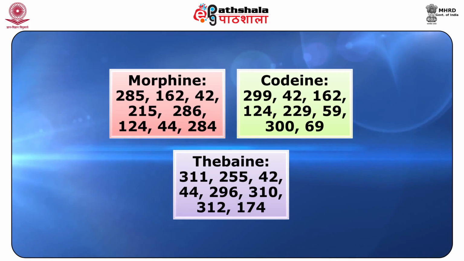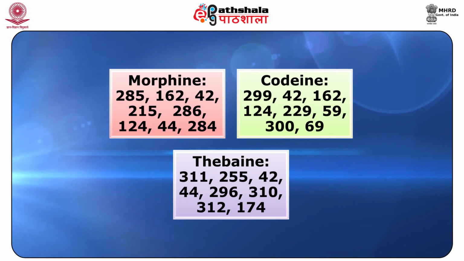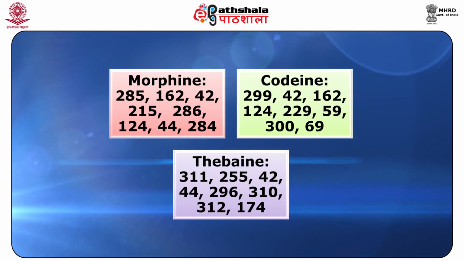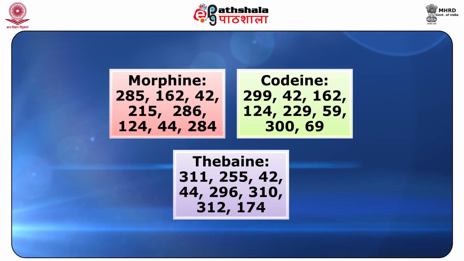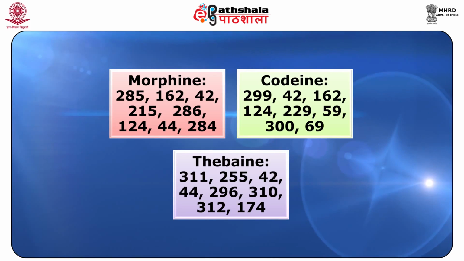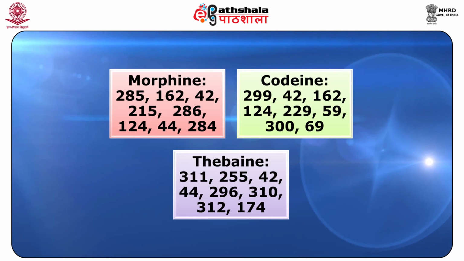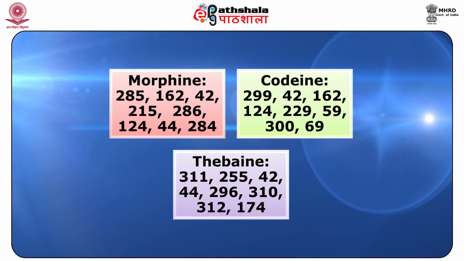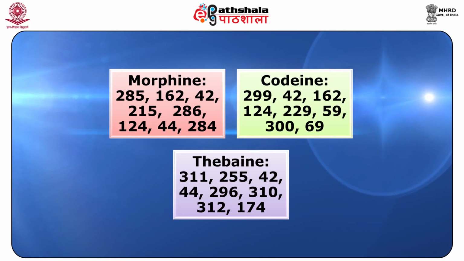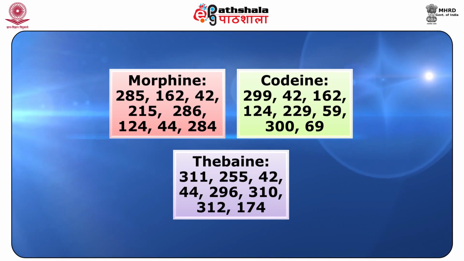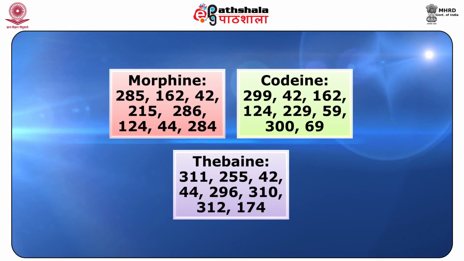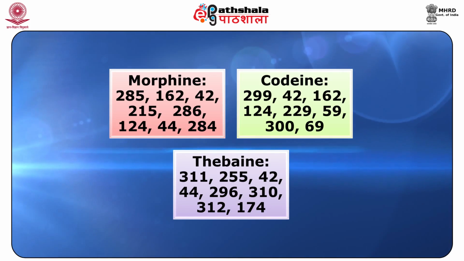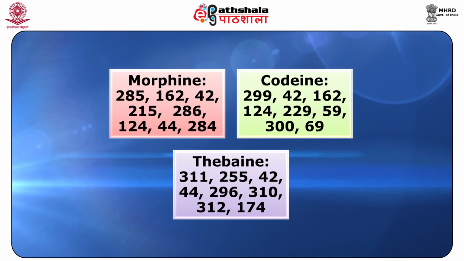In case of codeine, 299, 42, 162, 124, 229, 59, 369. In case of thebaine, 311, 255, 42, 44, 296, 310, 312 and 174.